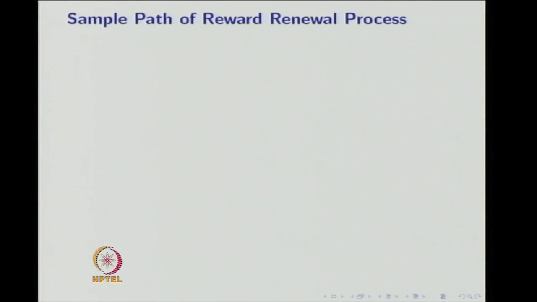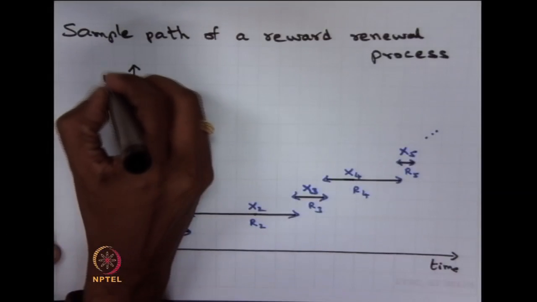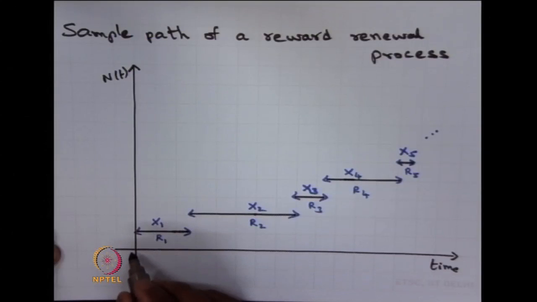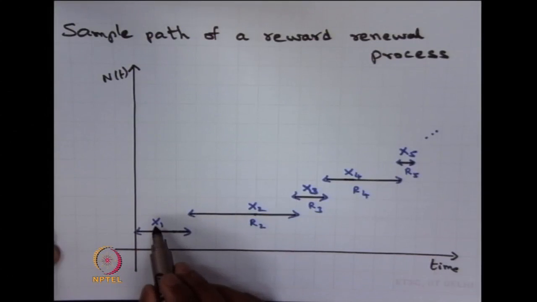See the sample path of a reward renewal process. The x-axis is the time, the y-axis is N of t, and these are the time points at which the renewals take place: the first renewal, the second renewal, and so on. This is the inter-arrival time, and we attach the reward Ri to each Xn.